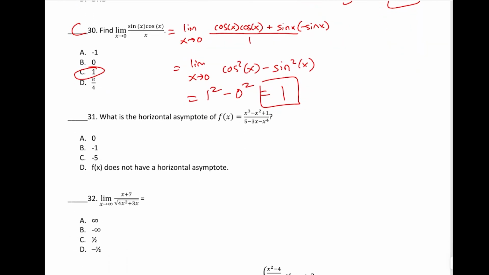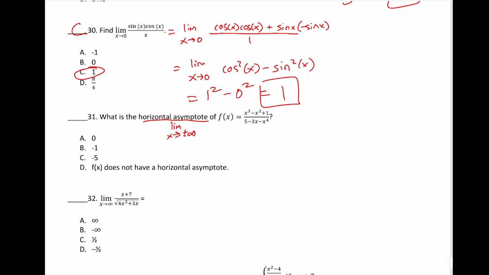Number 31, what's the horizontal asymptote? Okay, this is, I think, the second horizontal asymptote question we've seen. When you have a rational function, the horizontal asymptote will be the limit as x approaches infinity or negative infinity. I guess I should say plus or minus infinity if we're going to be inclusive here.